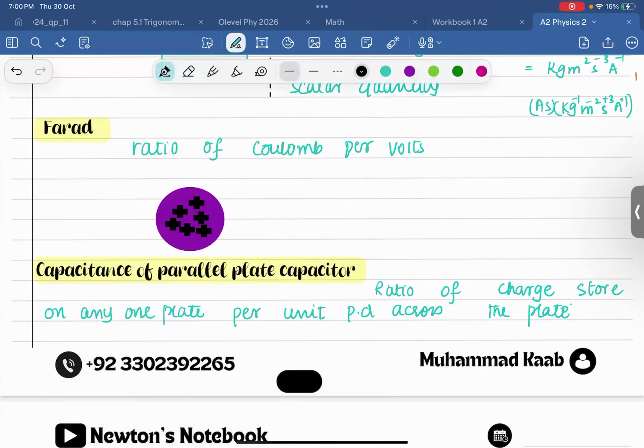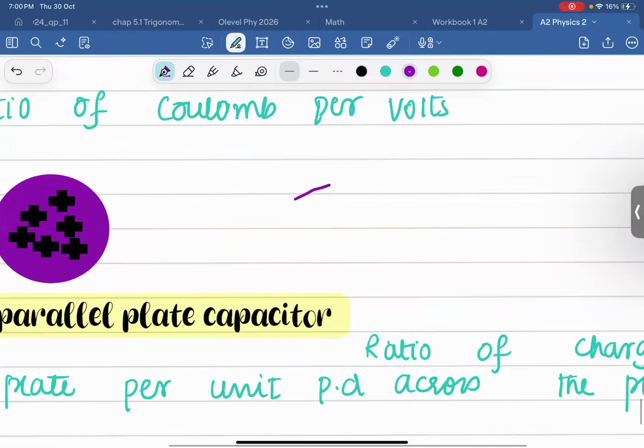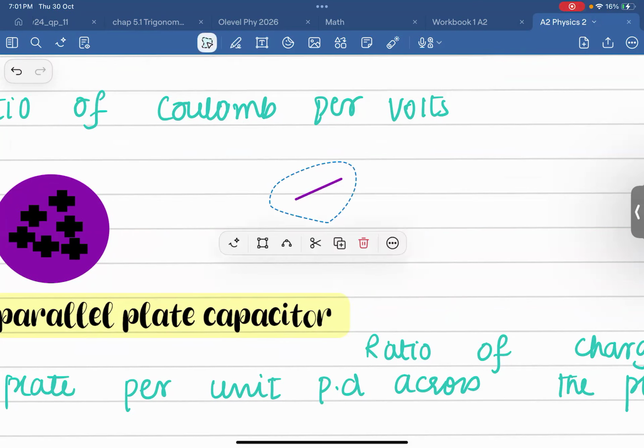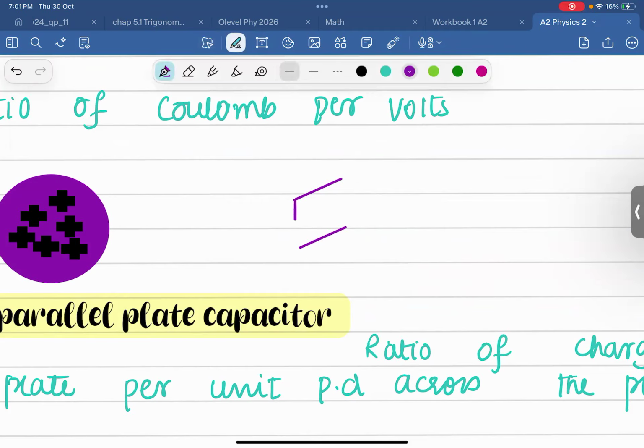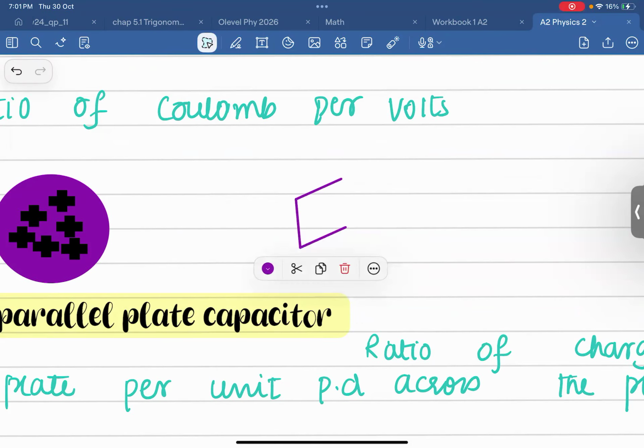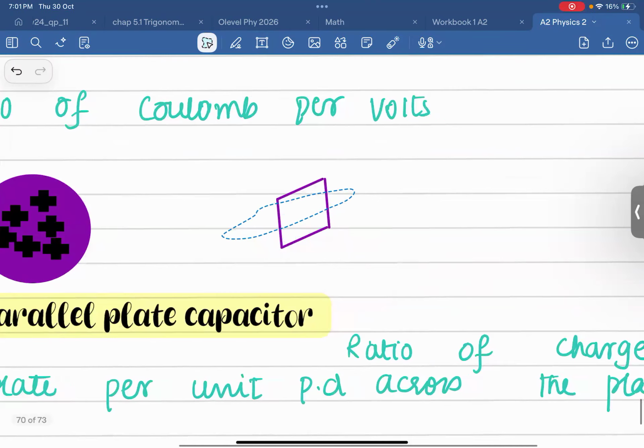that is a parallel plate capacitor, and the parallel plate capacitor, according to three dimension, looks like this. Another one right here.